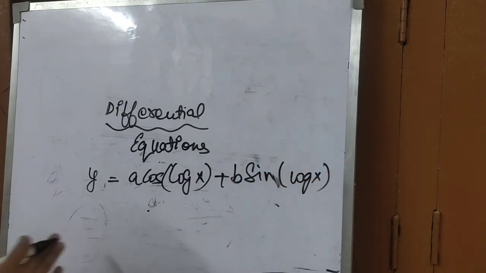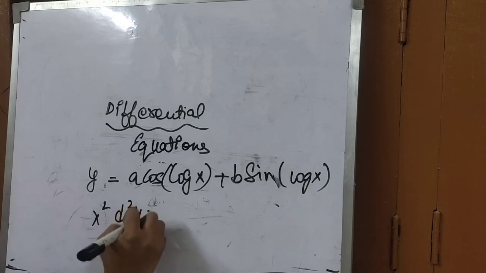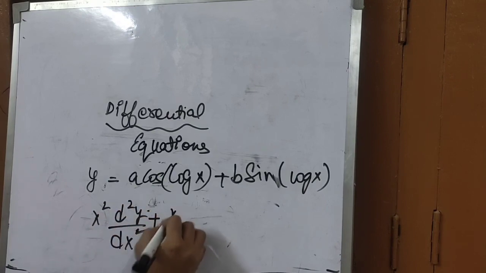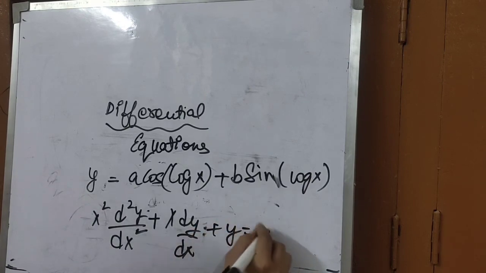Here you have to show that x square d square y by dx square plus x into dy by dx plus y is equal to 0.